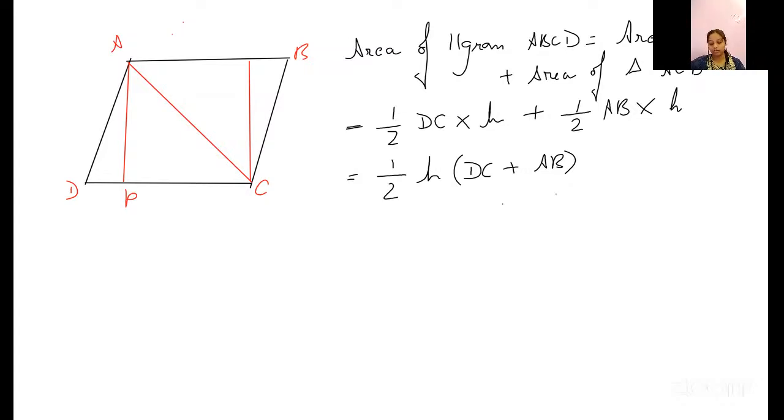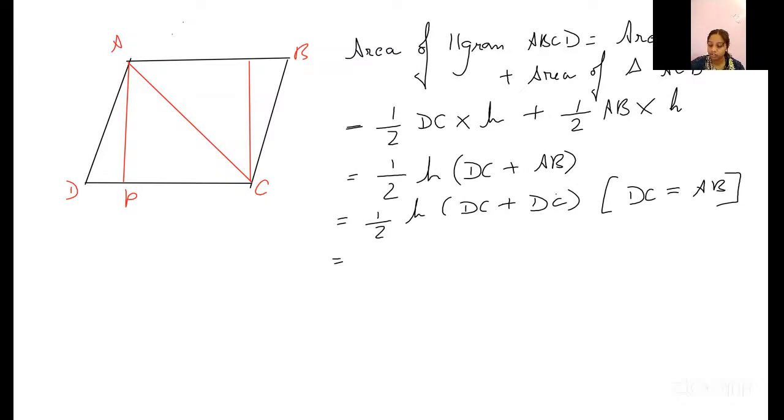Now, are BC and AB equal? Yes. BC and AB are equal to each other. So we can write half height into BC plus BC, because DC equals AB. Then DC plus DC becomes 2DC.